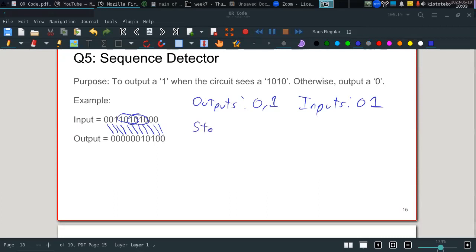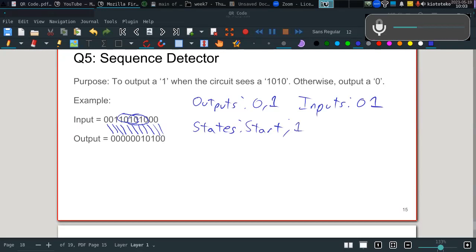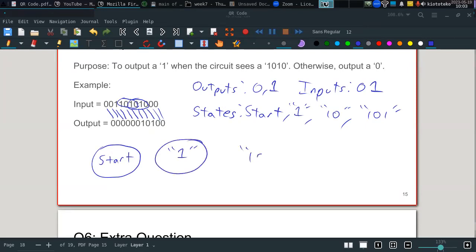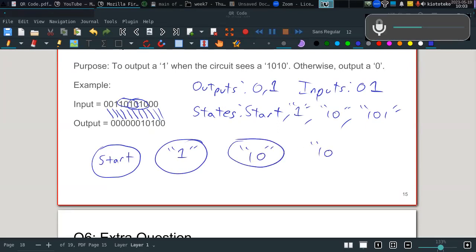Okay, so our states are the start, then when we get a 1, when we get a 1 0, and when we get a 1 0 1, and we'll see how this works. So we have our start state, we have our 1, we have our 1 0, and we have our 1 0 1.